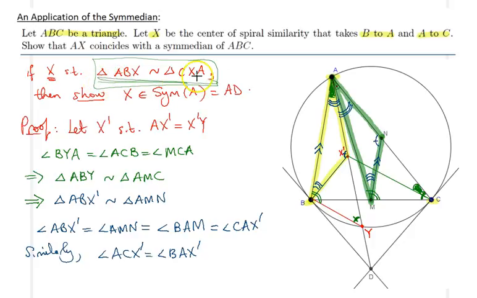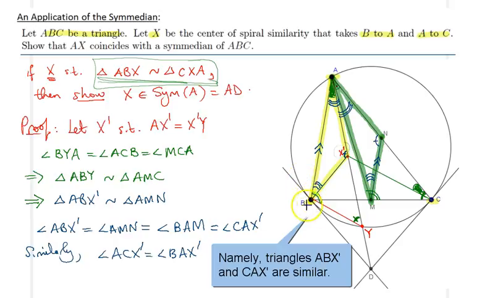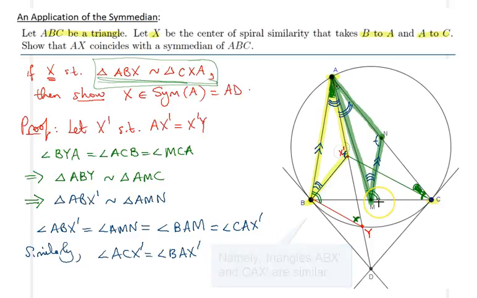So we were able to, starting with a point X prime, which is the midpoint of the segment AY, come upon two similar triangles which create a spiral similarity that maps B to A and A to C. So therefore, we can confidently conclude that in fact the point X is nothing but X prime, and it also lies on the Symmedian.